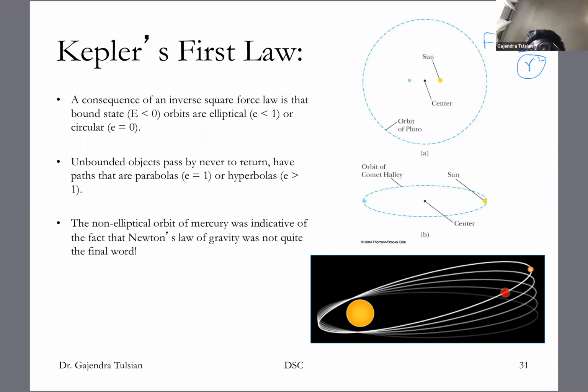So it turns out, by the way, that Mercury's orbit precesses. This was an indication of the fact that the force was not exactly an inverse square law.